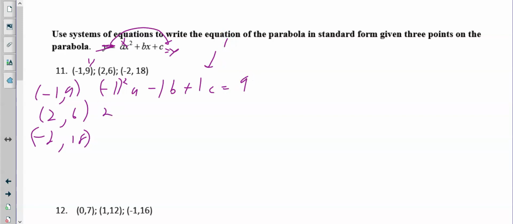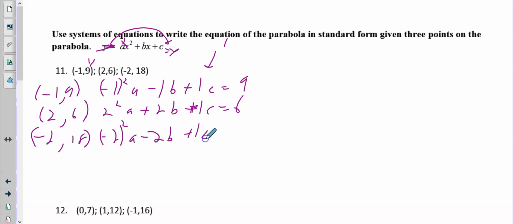Then 2 squared a plus 2b plus 1c equals 6. And then again, -2, be careful of that one, squared a minus 2b, remember, pay attention to that negative, plus 1c equals 18. Now we do the math.